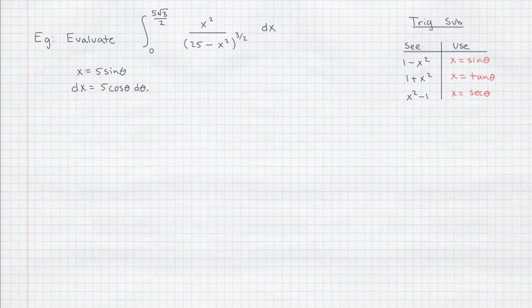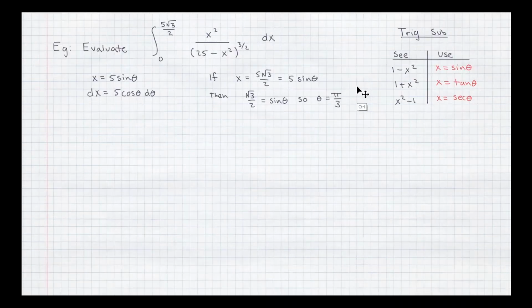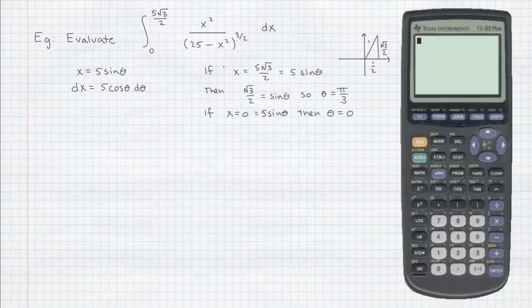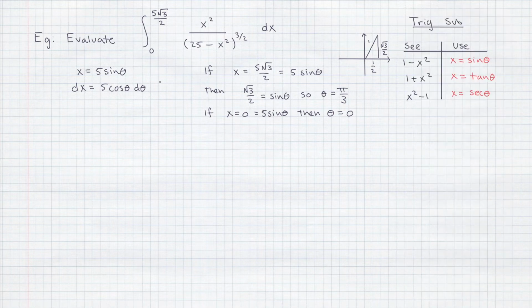Okay, and now I'm ready to start making substitutions and evaluating the integral, but I have to worry about these limits of integration really fast. So let me just work out what those thetas are. I'm trying to figure out the new limits of integration after you make a substitution. So I'm just plugging the x values into this equation.